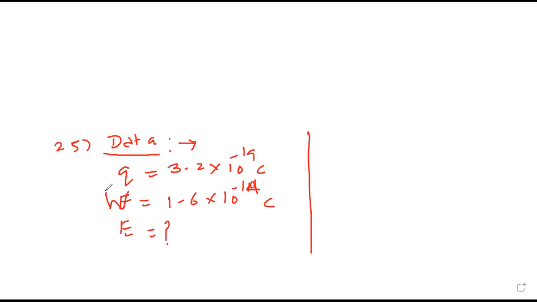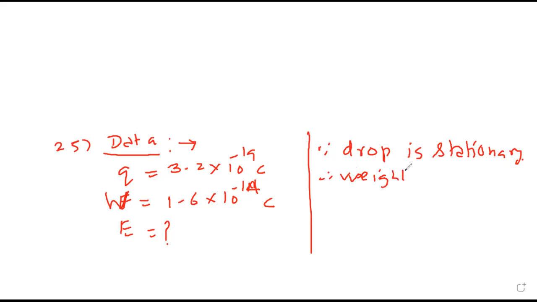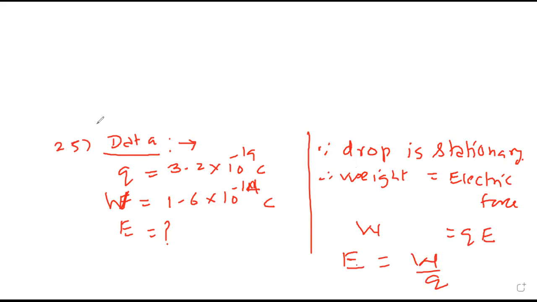Wait, I am writing W. Since the drop is stationary, therefore its weight is balanced by the electric force between the two plates. Electric force on charge is QE and weight is given, I am writing as W. So field will be weight upon charge.